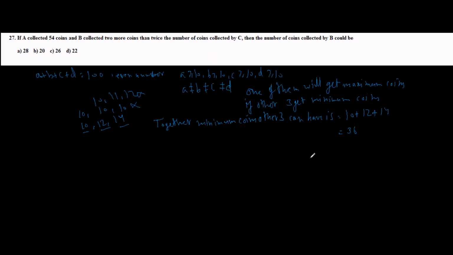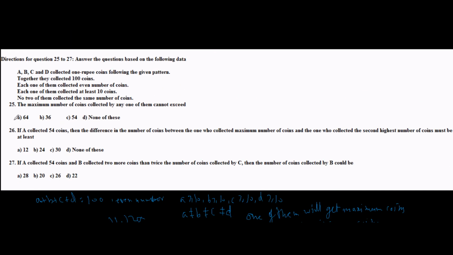That means maximum coins one person can have is 100 minus 36, which is 64. Let's see if that is present in one of the options or not. So yes, it is present as option A for question number 25.